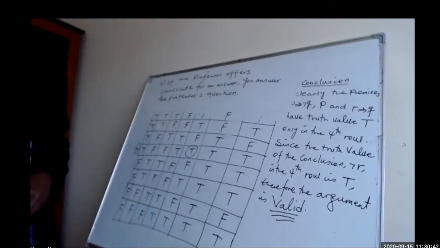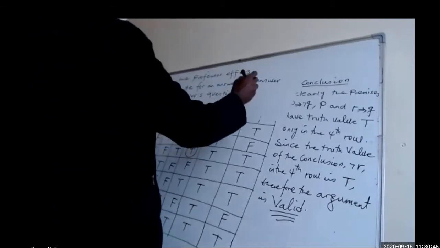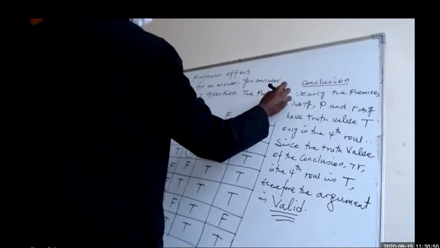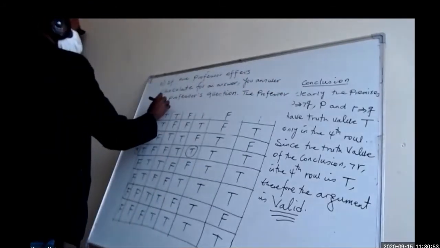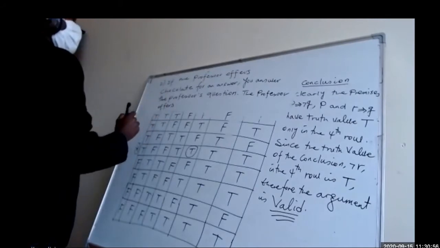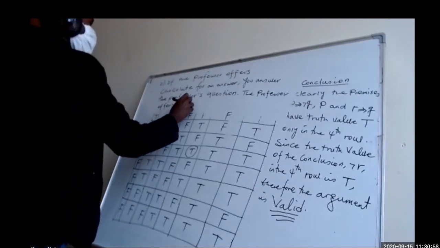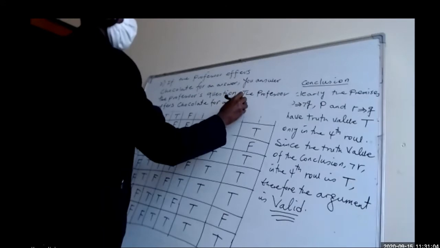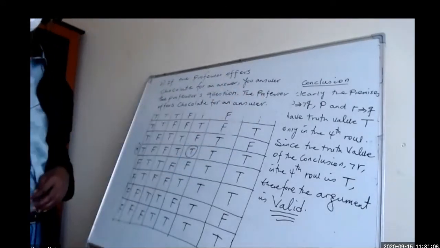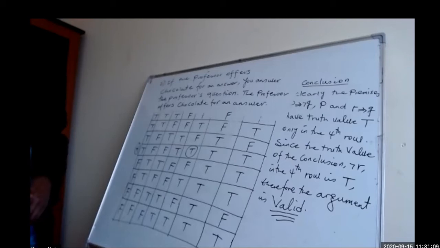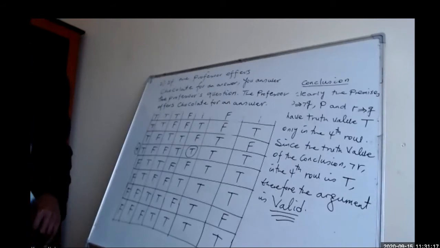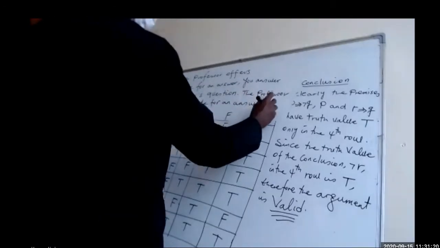When you go to the second premise, the professor offers chocolate for an answer. Second premise, okay? And the third premise, we don't have any third premise, but the conclusion hereafter is, therefore, you answer the professor's question.